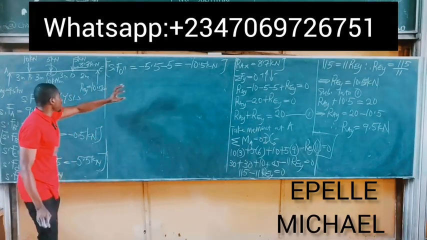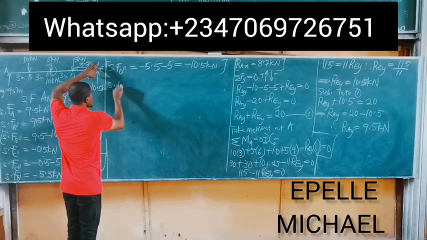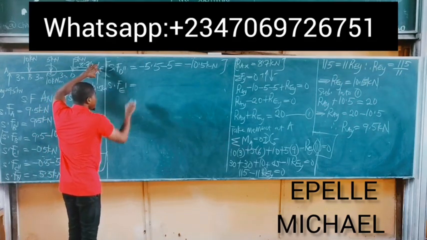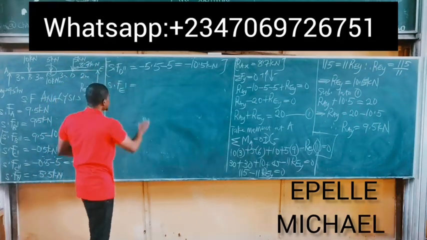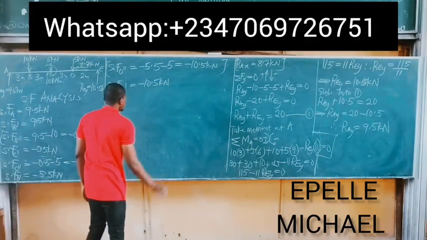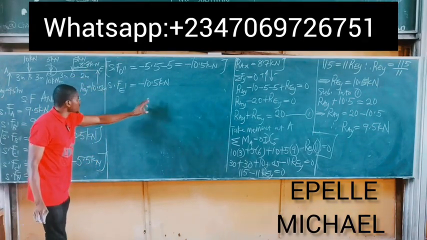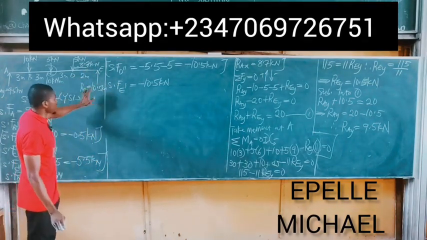This minus 10.5 kilonewtons force moves from point D down to point E. So shear force E prime, which means initially at point E, this same force moved, we still have minus 10.5 kilonewtons. But then on getting to point E, this minus 10.5 kilonewtons force now encounters an upward force of 10.5 kilonewtons.